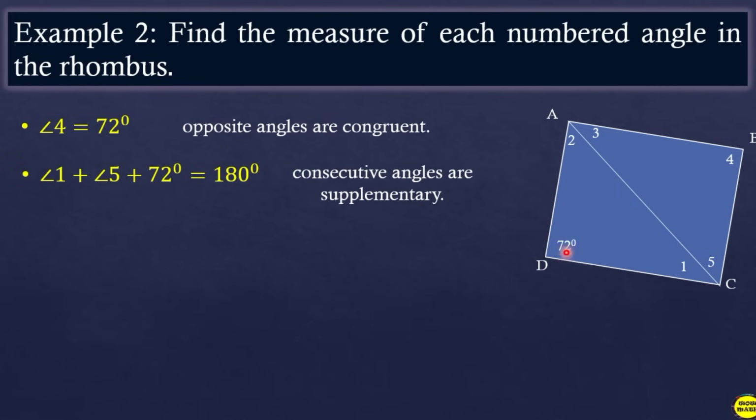Okay? So, kung supplementary sila, ibig sabihin, pag in-add natin yung measure ni angle D at yung measure ni angle C, dapat 180. Kaya i-add natin si angle 1 plus angle 5 plus 72. Okay? So, we will get angle 1 plus angle 5 is equal to 180 minus 72, that is 108.